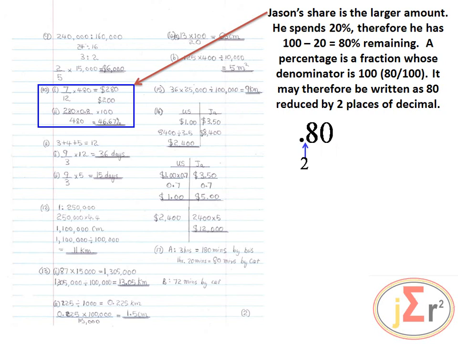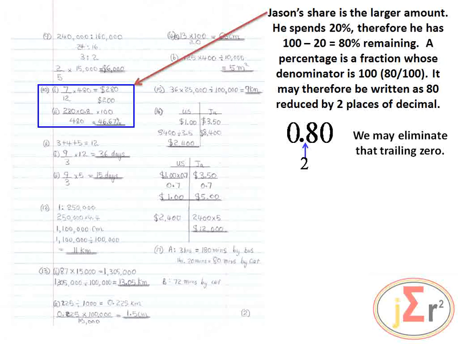We may just throw in 0 right there, 0.80. And also we may eliminate that trailing 0, being insignificant. So it's actually 0.80, which is the same as 0.8.